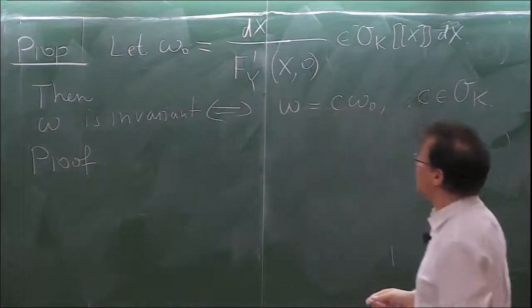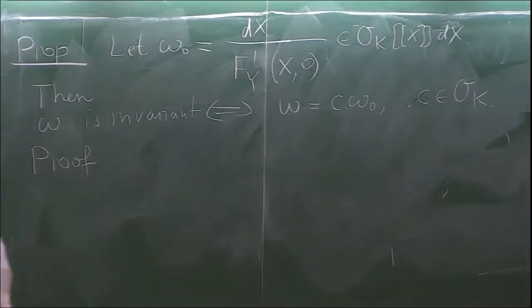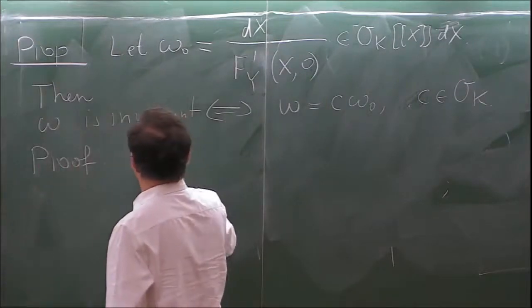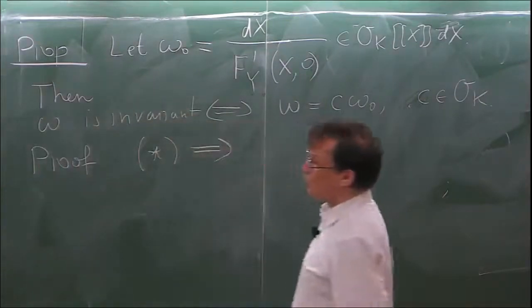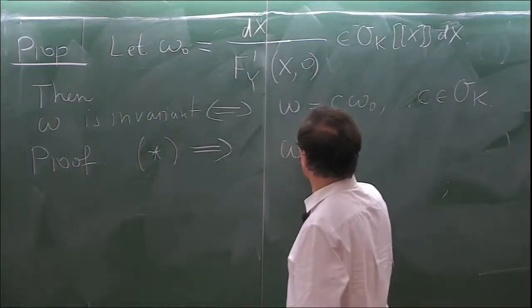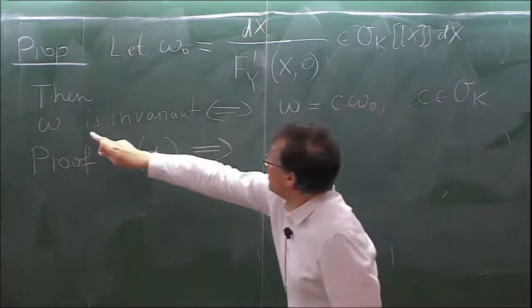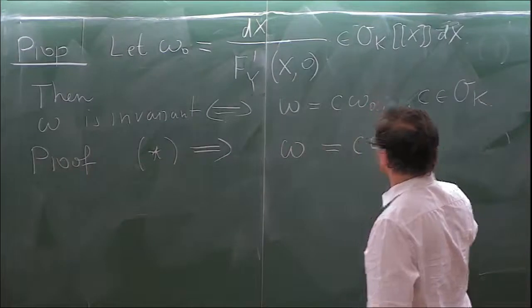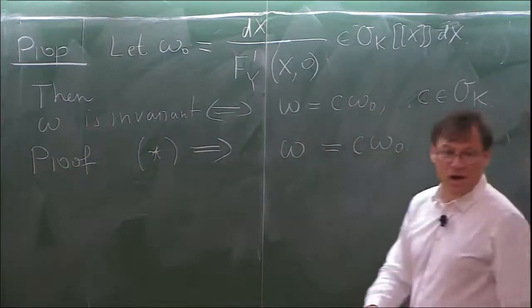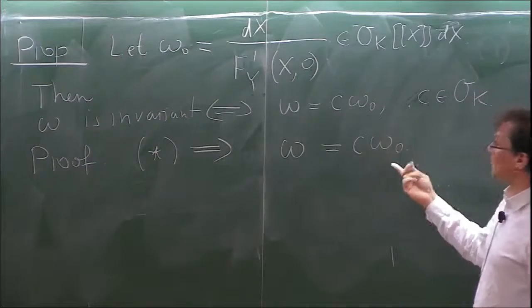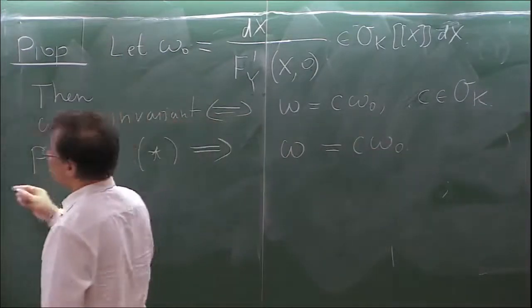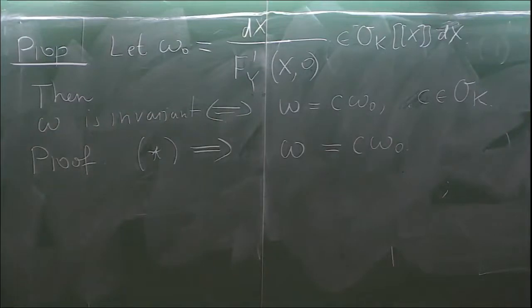The proof is very easy because from the definition, if you write it down, it follows already that if a form omega is invariant, then it should be of this form. And one should only check that omega 0 is invariant, so it follows from the associativity of a group law, just formal associativity of the group.